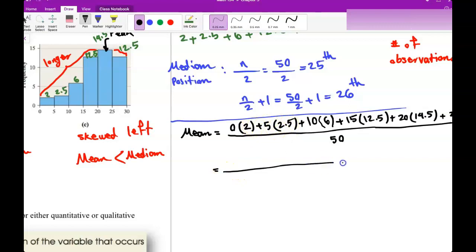Multiply and add. So this is 0. Oh, okay, it's 12.5 plus 60 plus 187.5.